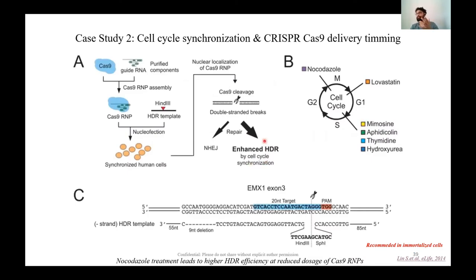The second strategy was cell synchronization, and there's a very good reason for that. But before I go into that, the strategy in this case was that the authors modified their HDR template, right? They used the wild type version of Cas9 and guide RNA, but in the HDR template they added a restriction site, a HindIII site.